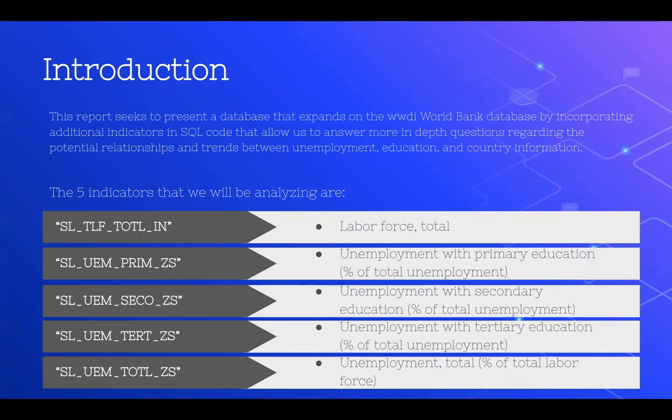We have the 5 indicators here, which are labor force total, unemployment with primary education, unemployment with secondary education, unemployment with tertiary education, and unemployment total. Using these indicators, we were able to figure out the relationships and trends between unemployment, education, and country information.